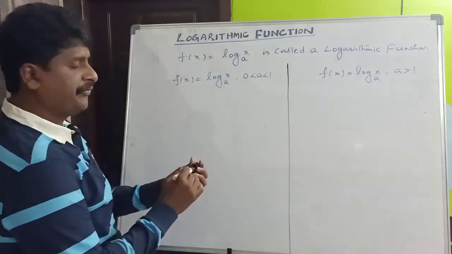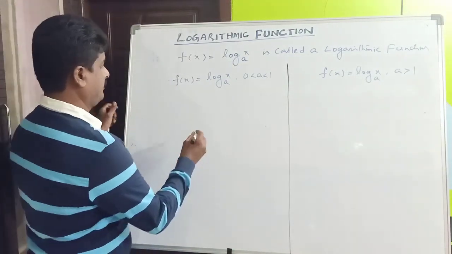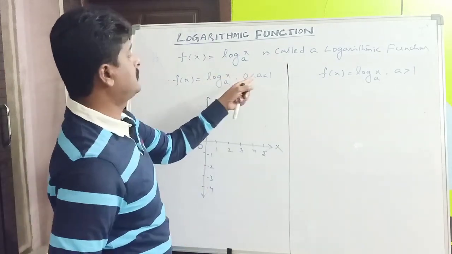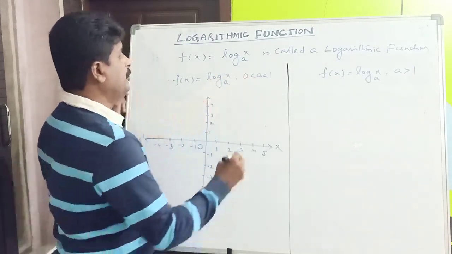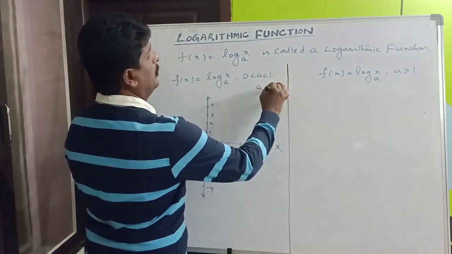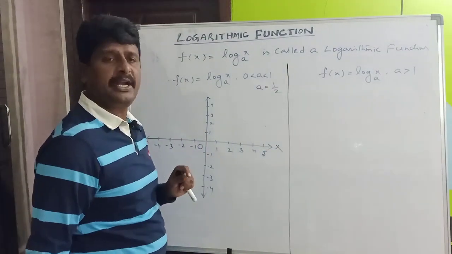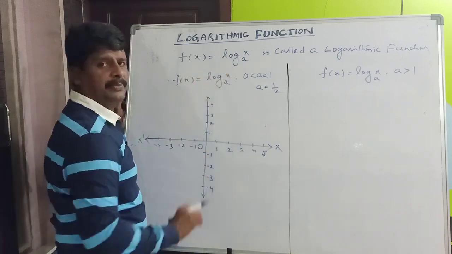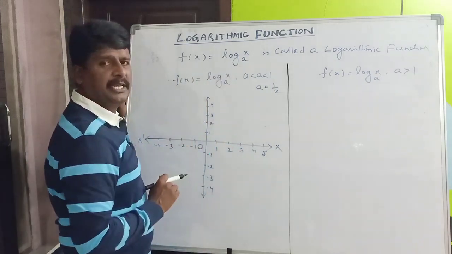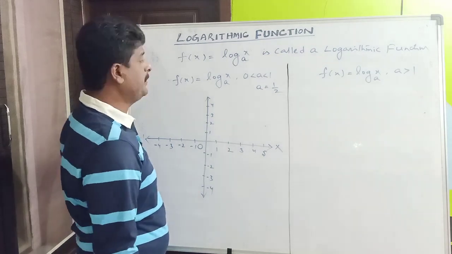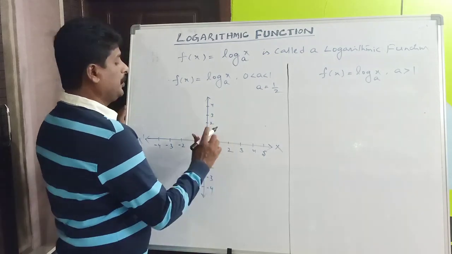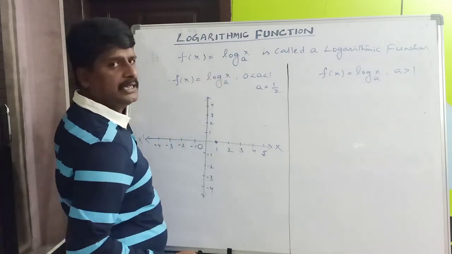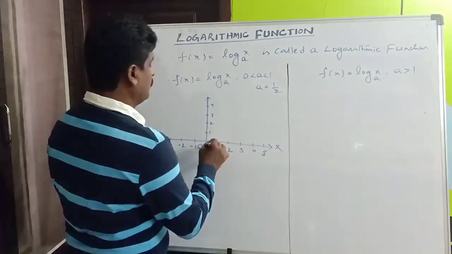the graph of the logarithmic function. Suppose the a value is 1/2, for example, it lies between 0 and 1. Now it is looking like log x base 1/2. Here x is a variable, that is our independent choice. Put x is equal to 1, log 1 base anything is always 0.